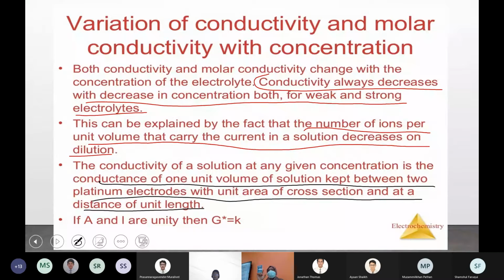In this definition they have used the word unit, while in the other definition we were specifically taking 1 centimeter distance between the electrodes and 1 centimeter square area of cross section. Both ways are correct. Unit length and unit area of cross section already mean 1 centimeter and 1 centimeter square.